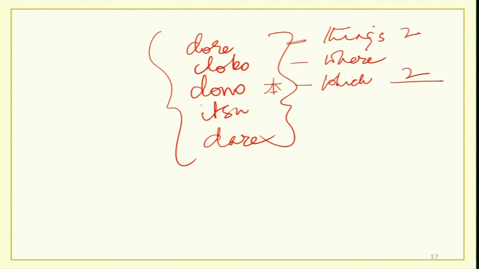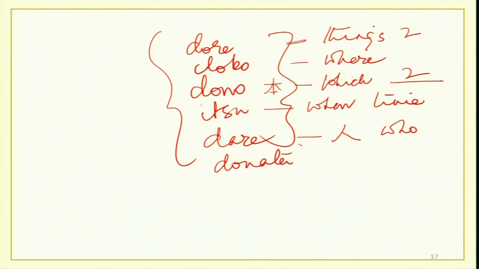Dore is also two. Then itsu is when. Itsu ga atsui desu ka? Time. Then dare is for people who, or donata is polite. So, I am sure you are very familiar with this, just go over it once and you will be able to use them very easily in conversation.